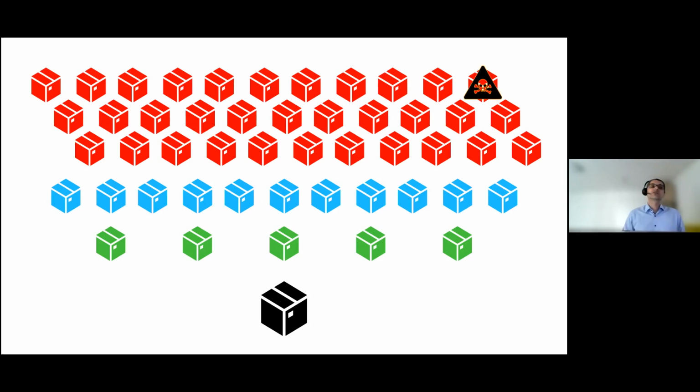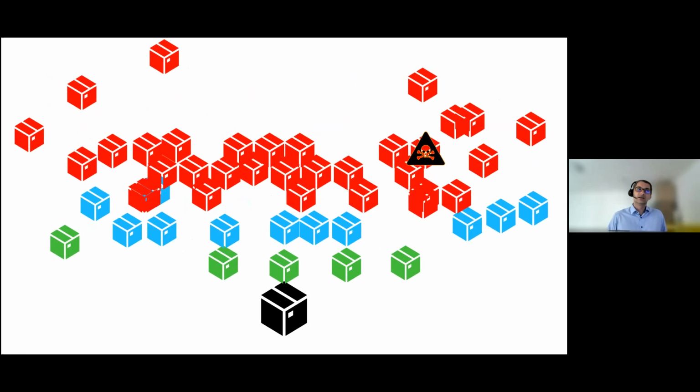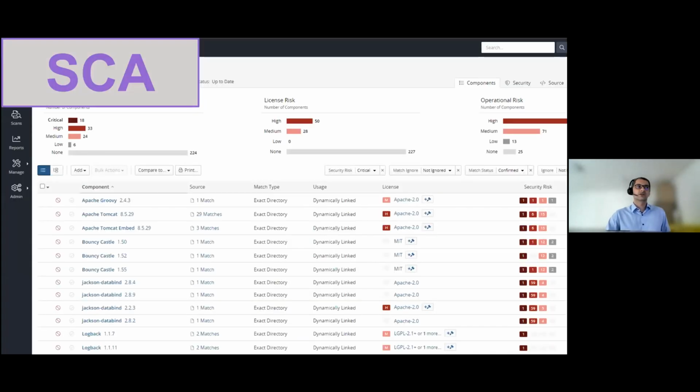And what if one of those components is now vulnerable? This means that I have introduced a vulnerability into my application. So I'm releasing now a vulnerable open source component in my application that could ruin my reputation, my company's reputation.